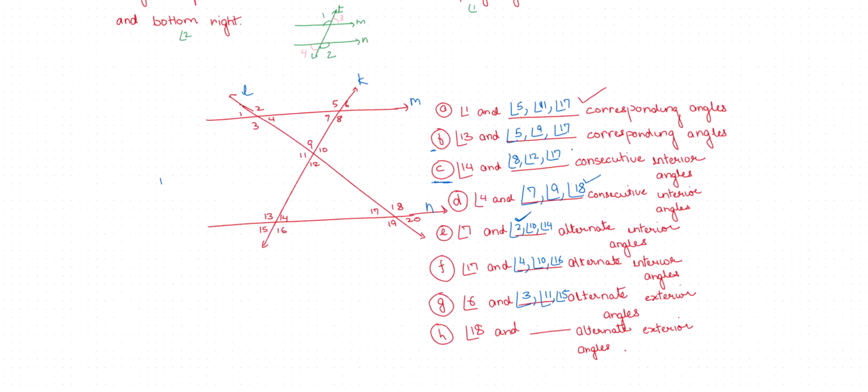We can see these are the two lines, and here the intersection line is M. So 6 and 3, we can see that they are alternate exterior.